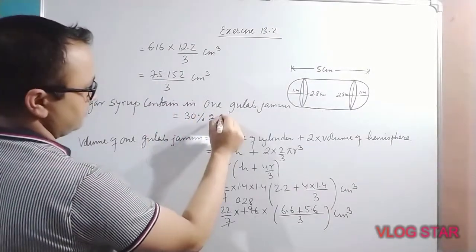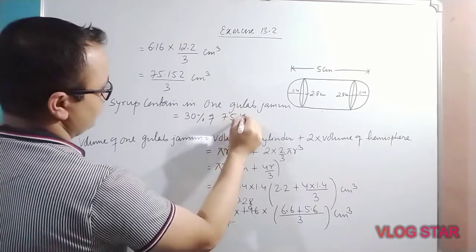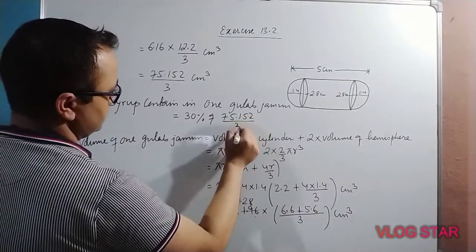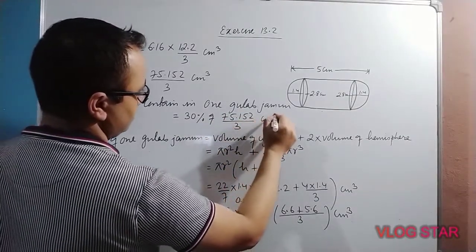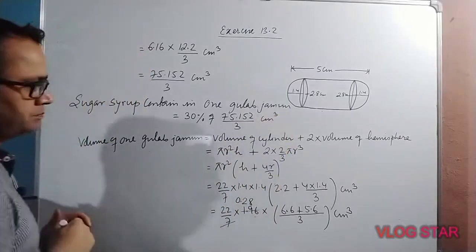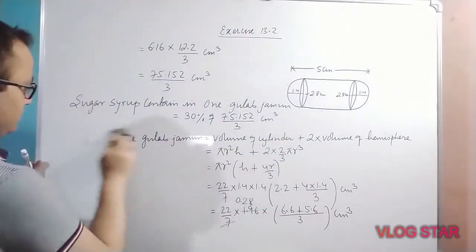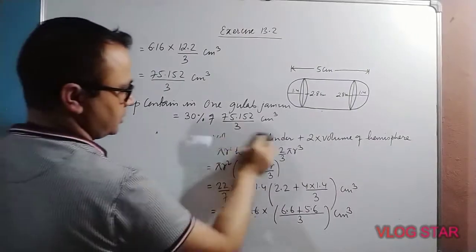Volume is 75.152 divided by 3 centimeter cube. 30% means 30 by 100.